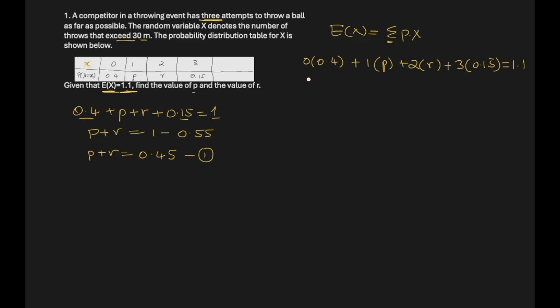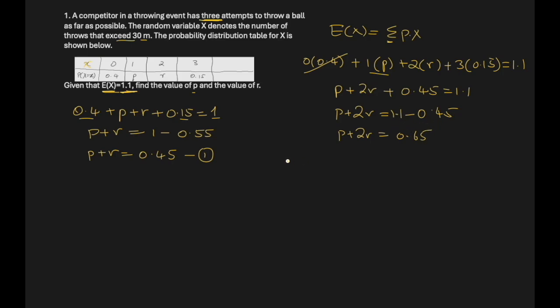That has been given. So this is 0, this is p, then we have 2r plus this will be 0.45 and 1.1. Let's bring 0.45 to the other side and we get this equation. p plus 2r equal to 1.1 minus 0.45. So p plus 2r is equal to 0.65.